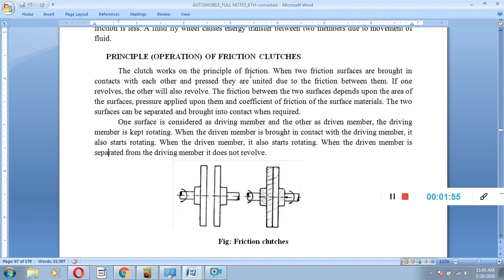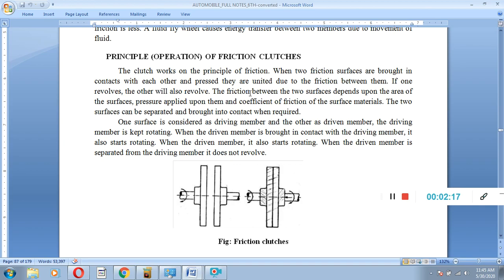You know about friction already. When two friction surfaces are brought in contact with each other and pressed, they are united due to the friction between them. If one revolves, the other one will also revolve.